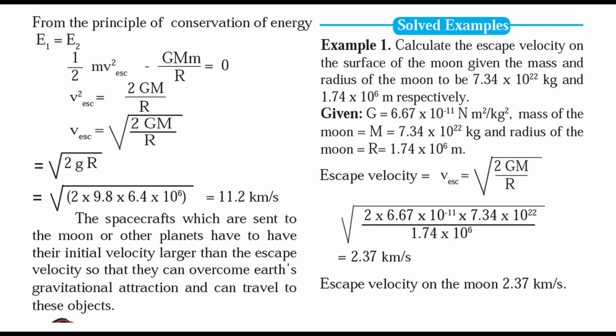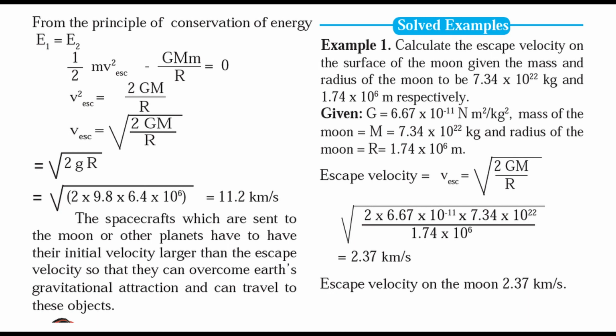Let's look at this solved example. Calculate the escape velocity on the surface of the moon, given the mass and radius of the moon to be 7.34 times 10 raised to 22 kilograms and 1.74 times 10 raised to 6 meters, that's the radius.